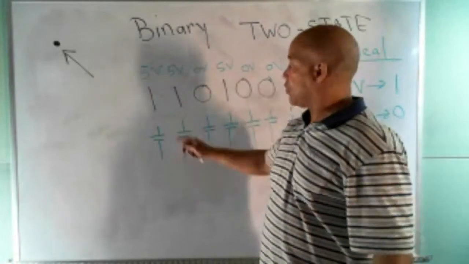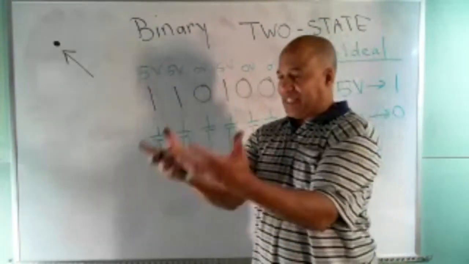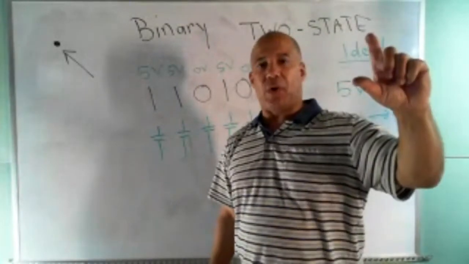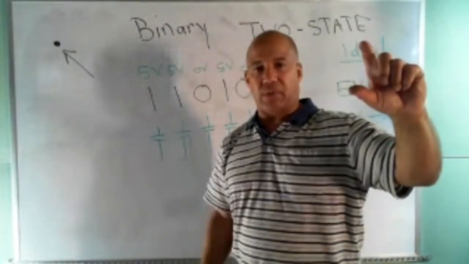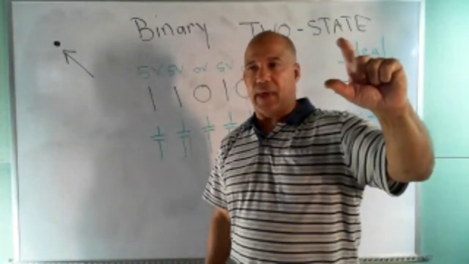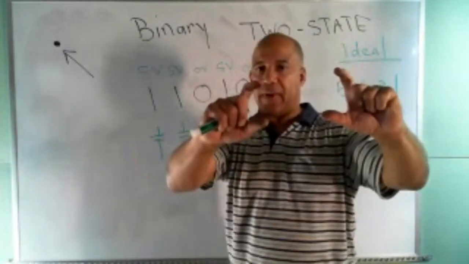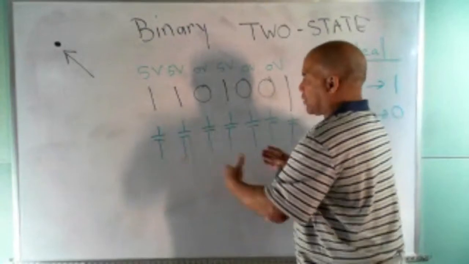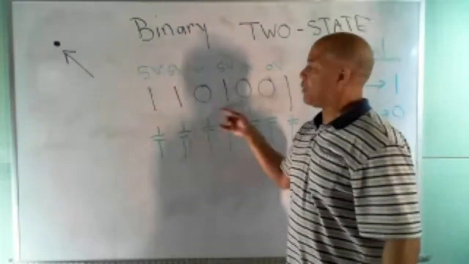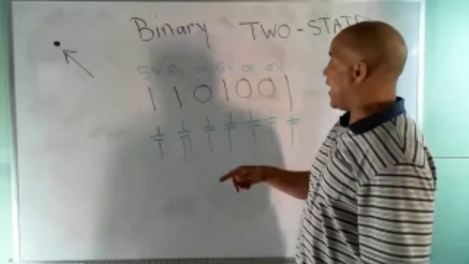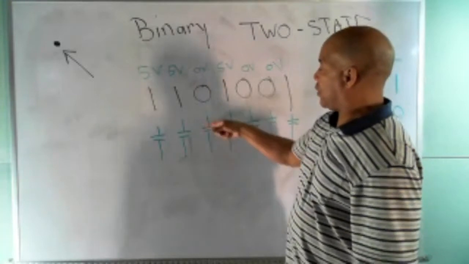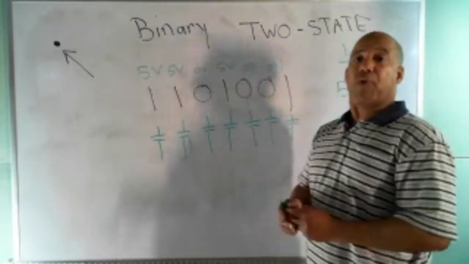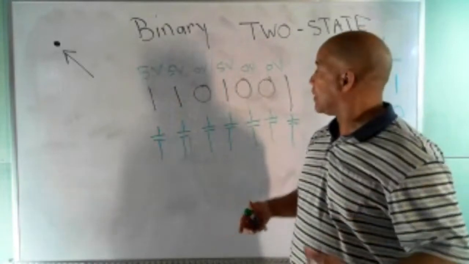So a 1, when I digitize this information, this light, this sound, whatever it is, I got 5 volts there on whatever's holding the voltage, the capacitor. A 0, there's no voltage in that capacitor. By putting a bunch of these little microscopic capacitors together, I can get this to store this binary number here. If I want to change it, maybe I charge these up and I can make it all ones. So the process of digitizing is just that.